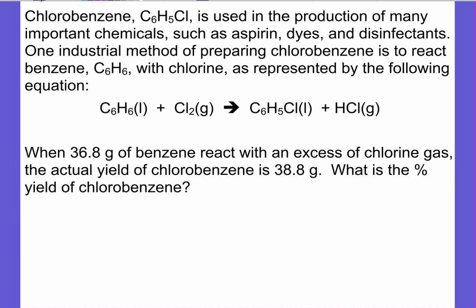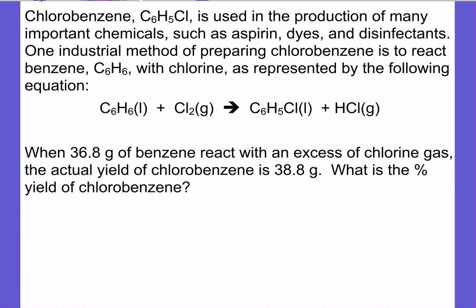So again, made this easy for us. Pretty sure this is a 1 to 1 to 1 to 1, right? There's no balancing involved. But the question asks, when 36.8 grams of benzene react with an excess of chlorine gas, the actual yield of chlorobenzene is 38.8 grams. What is the percent yield of chlorobenzene in this case then?